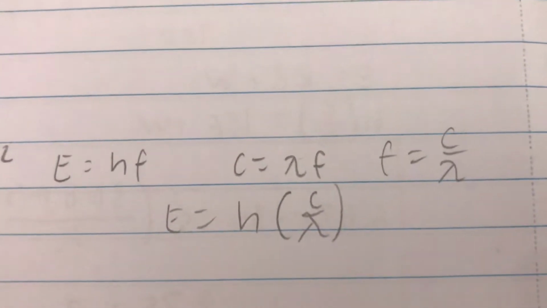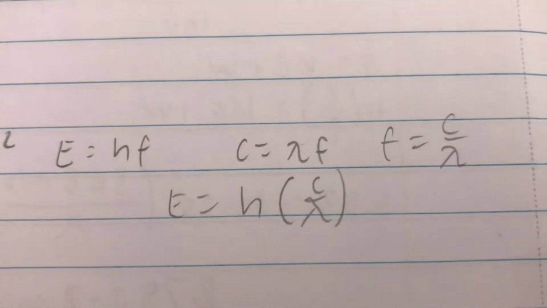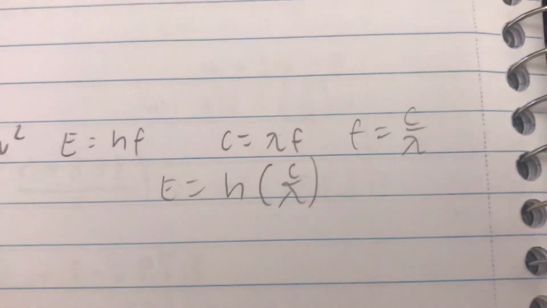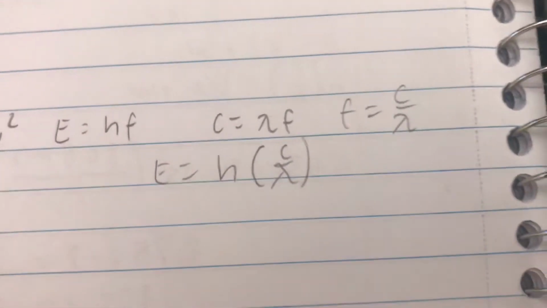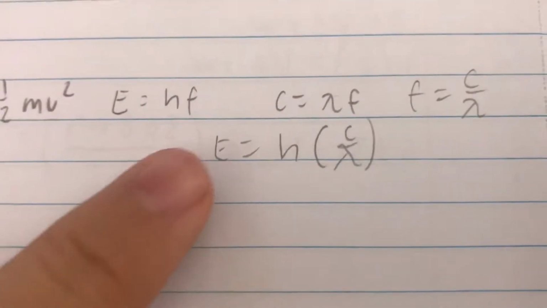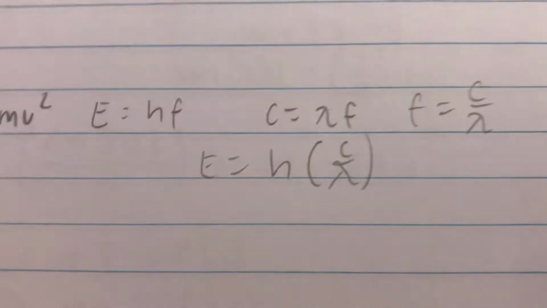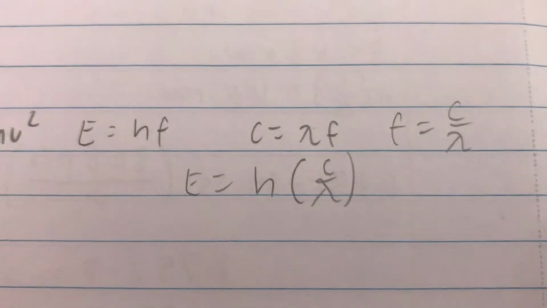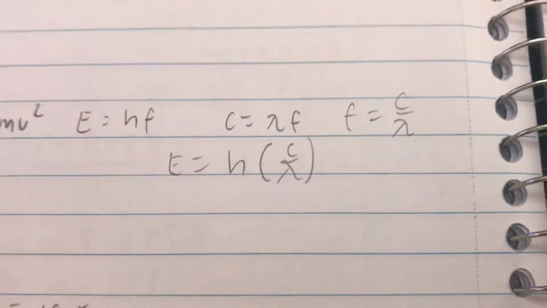And we use the functions E equals hf, c equals wavelength times frequency, and frequency equals c over wavelength. We can replace the f in this function with this, so we end up with E equals h times c over wavelength.